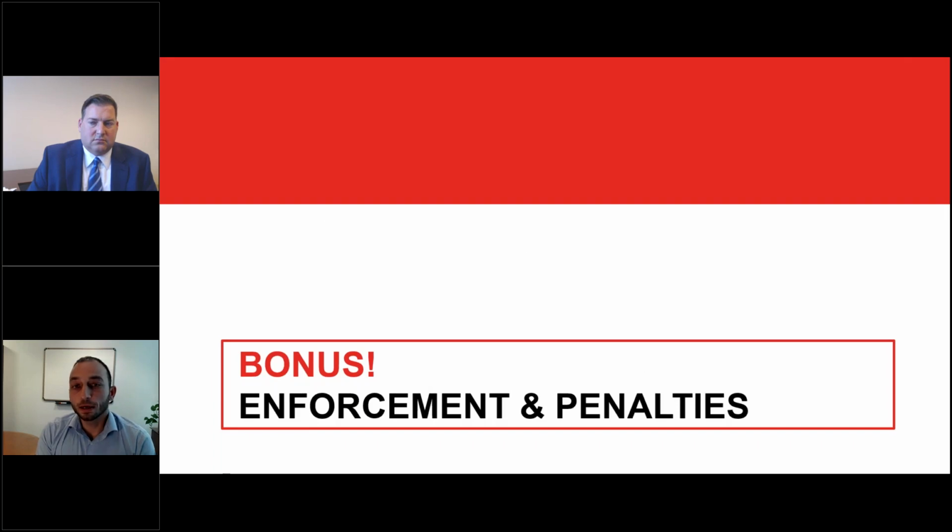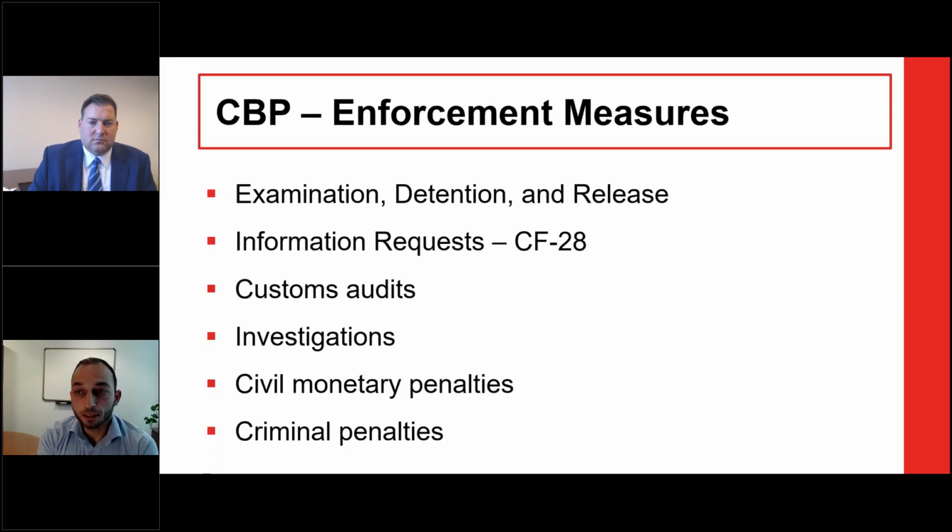So here we'll talk about in general the enforcement measures that CBP can take and the penalties. The first point of contact with CBP is essentially the examination and detention authority it has.